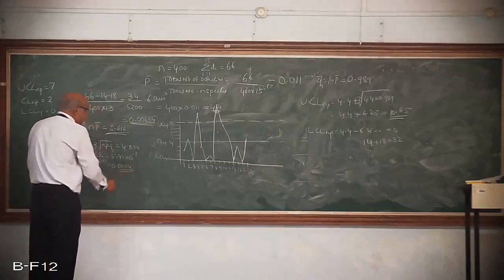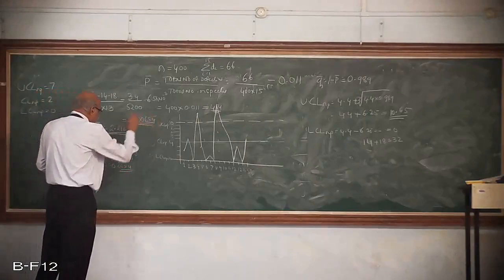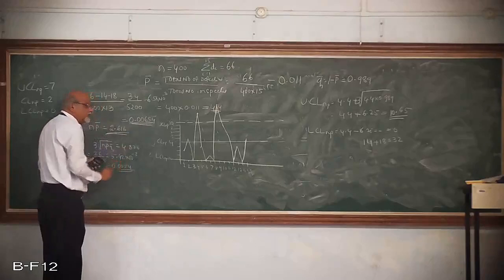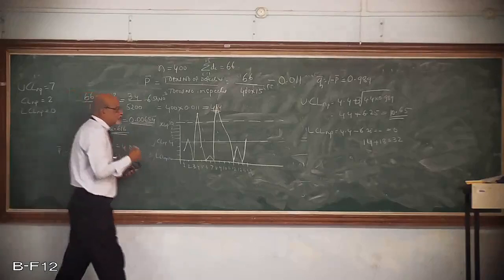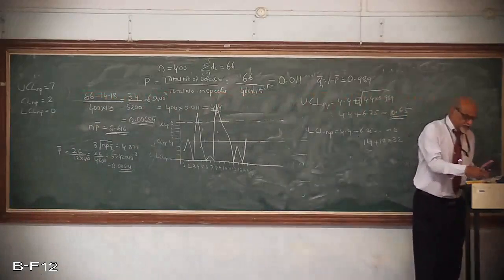This is the average fraction defective. Earlier it was 0.00654. Now it is 0.0054. So we'll try to find out for this one, and then we'll stop discussing this particular problem.